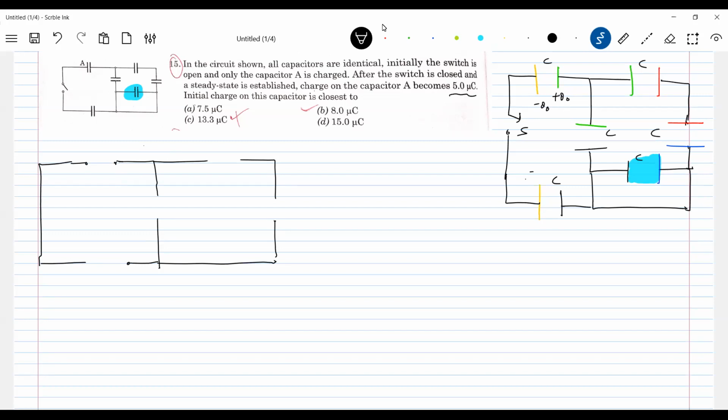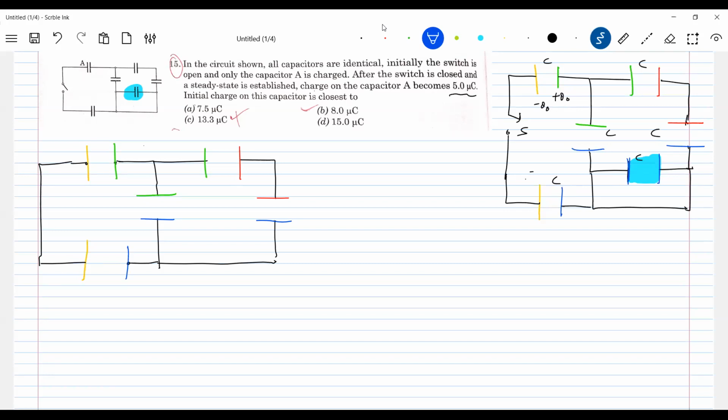Okay, these two are yellow color. Let it be like this.